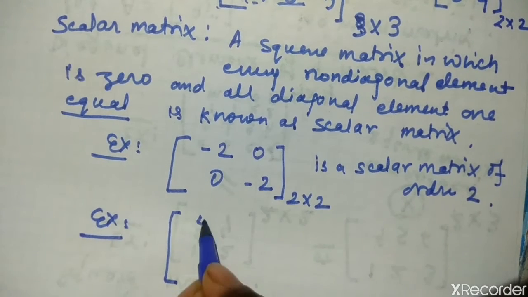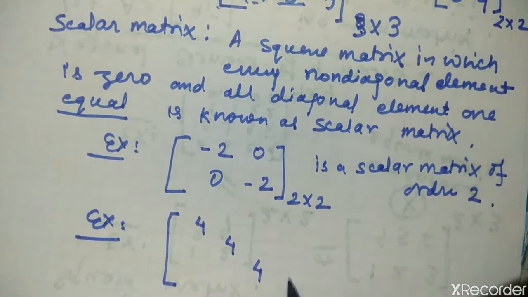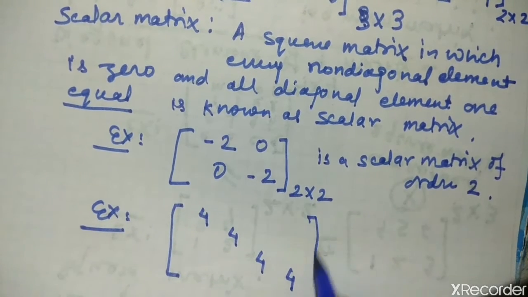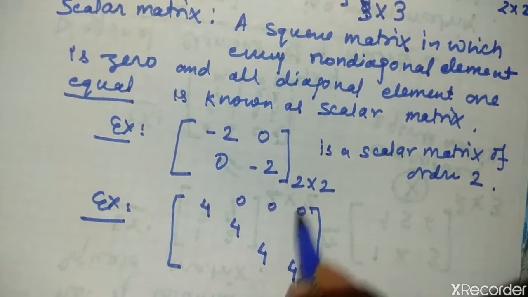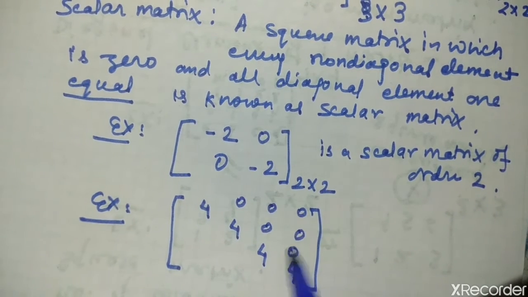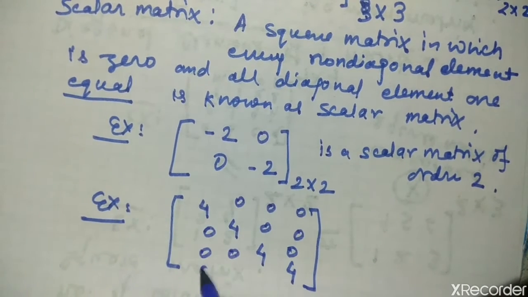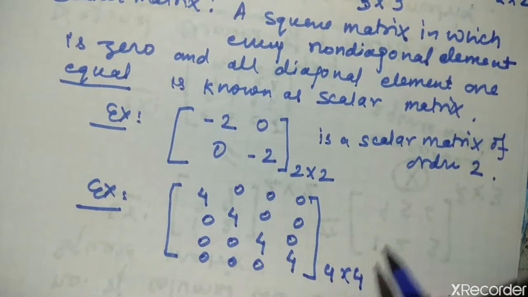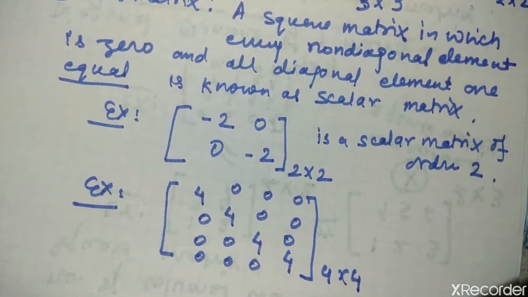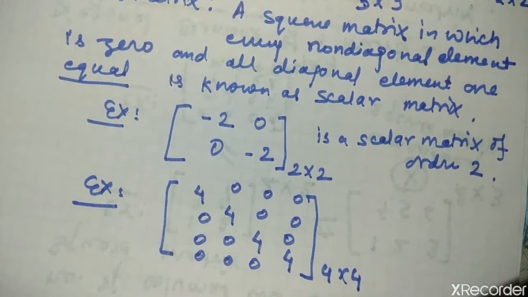If we have a matrix of the form 4, 4, 4, 4 on the diagonal, and all the remaining elements except the diagonal are 0, of order 4 cross 4, then we say that this is a scalar matrix of order 4.